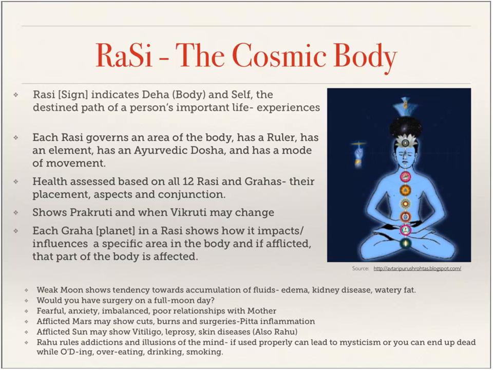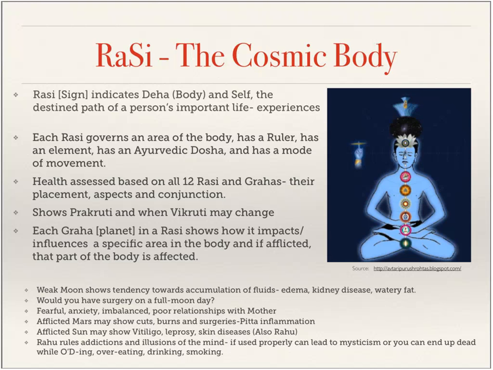Each graha, or a planet in a Rashi, the occupant of a Rashi, also shows how it impacts or influences a specific area in the body, and if it is in an afflicted state, how the body part is actually affected. So, for example, if the moon is afflicted, it will show a tendency towards edema, to accumulation of fluids, to storing cellular watery body fat, to showing a tendency towards kidney disease.